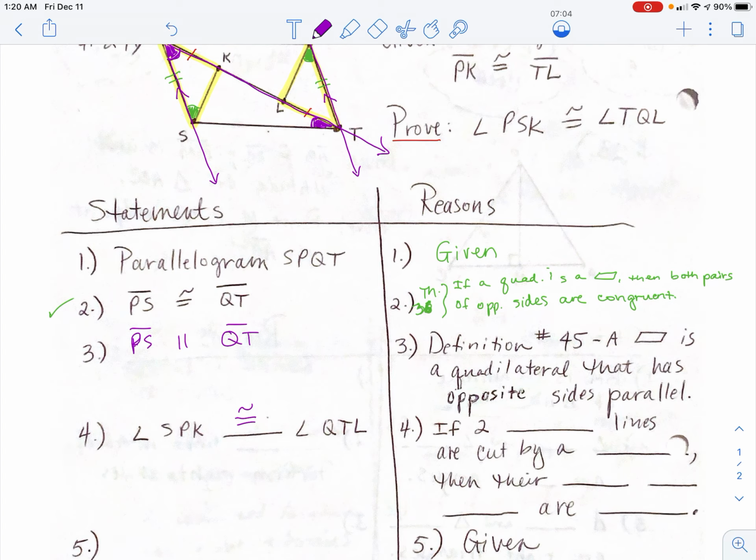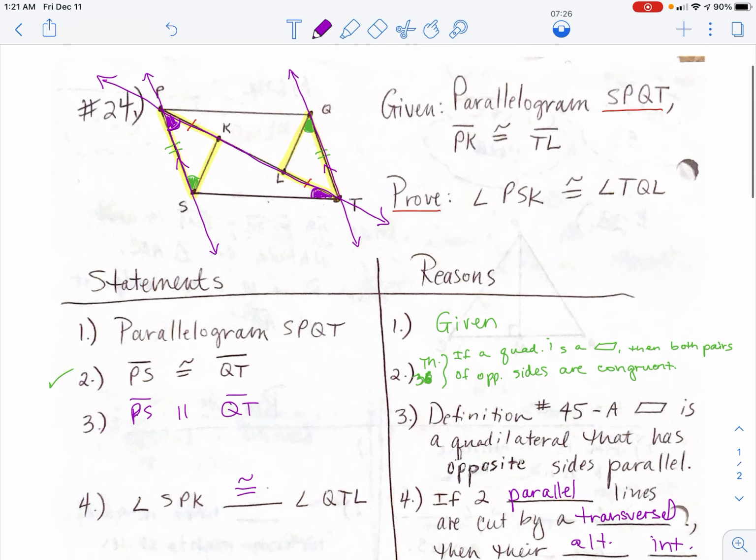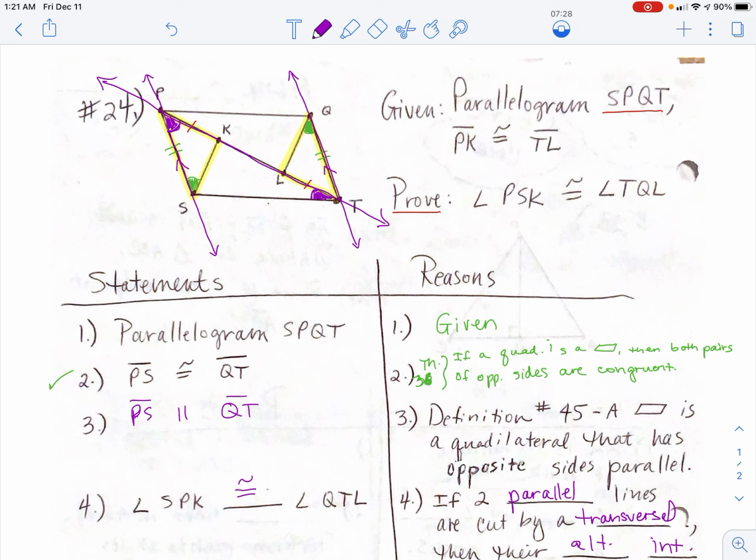The reason is because if two parallel lines are cut by a transversal, then their alternate interior angles are congruent. That's the reason. Okay, so what do I have here now? Now I have side, angle, side.